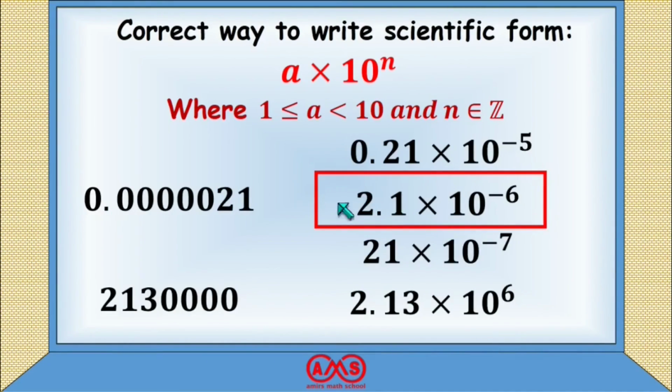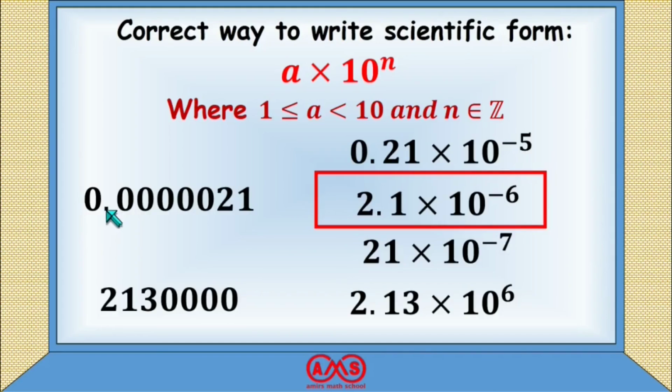To get this number we have to move the decimal point 6 places, that is 1, 2, 3, 4, 5, 6. That's why this one is minus 6. Here you just consider there is a decimal point here. So in this case, to write 2.13, we just move the decimal point 1, 2, 3, 4, 5, 6 places. So in this case the value is 6.